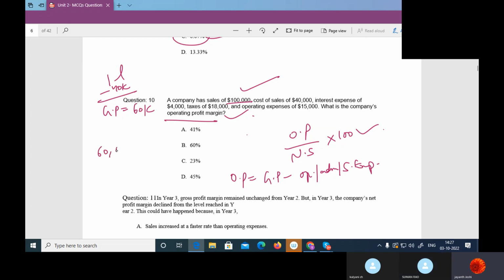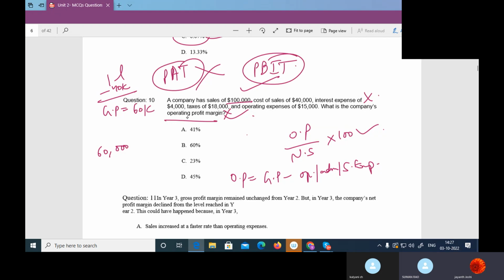You should not take interest expense because it is not an operating, administration, or selling expense. You should not take taxes as well, because that gives PAT, which is net profit. We want PBIT, profit before interest and tax.